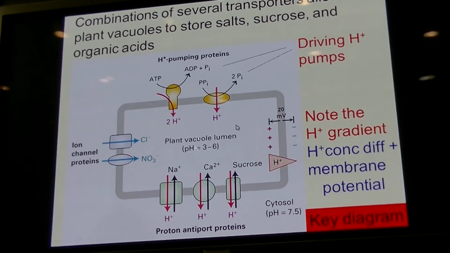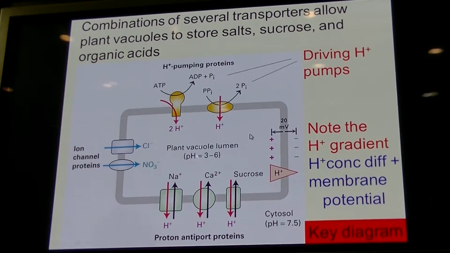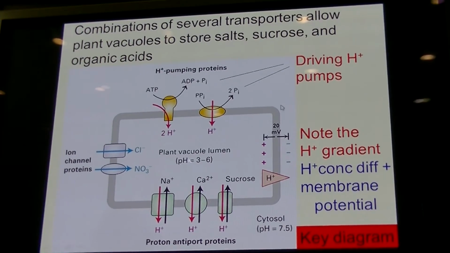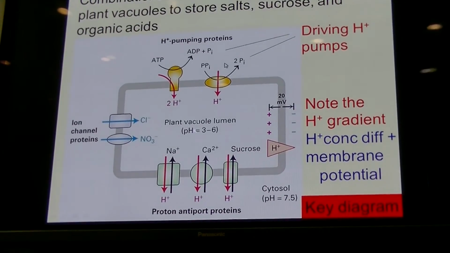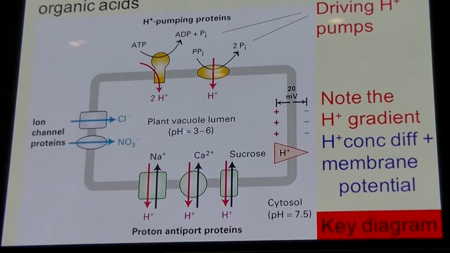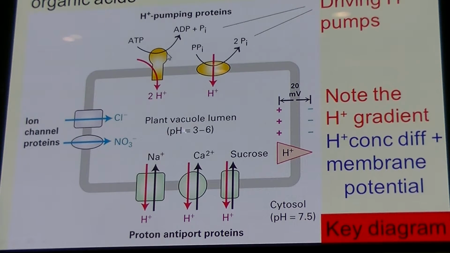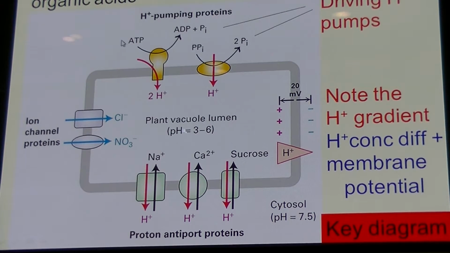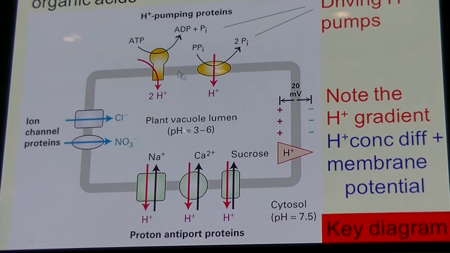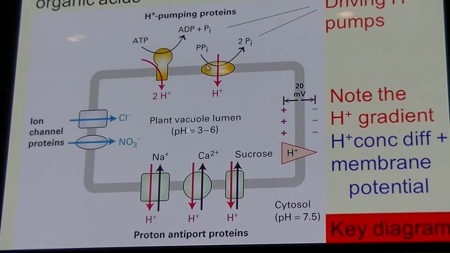So how do we get things across the membrane and accumulate them here? Well, we need a driving gradient, and in this system, since it's not a mammalian cell membrane, it's going to be a proton system. So we have 2 proton pumps. There's a P-class pump here, and it uses the energy stored in ATP to move protons across the membrane. And here is another transporter.